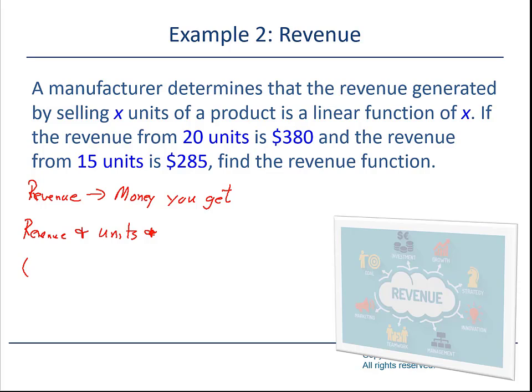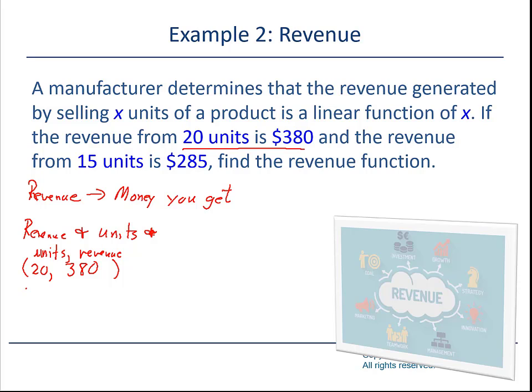Well, we have ordered pairs. From this first one up here, if we put the number of units first, and we put the revenue as the second coordinate, we'll have 20, 380. 20 units, we get $380.